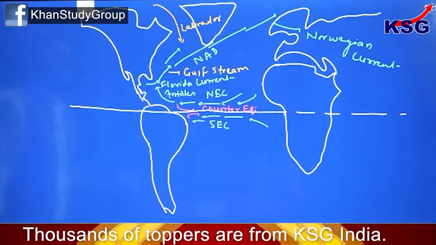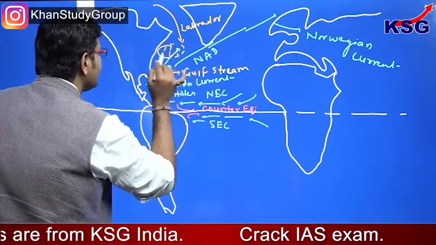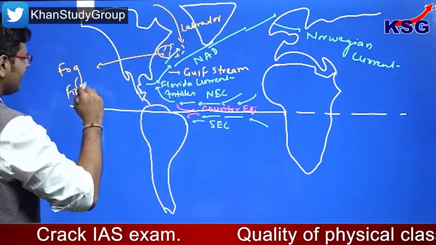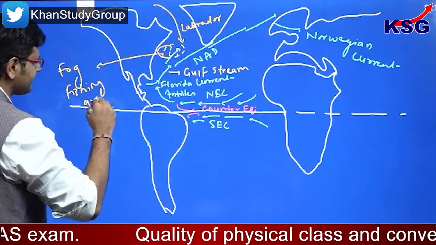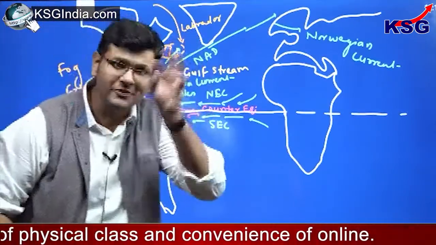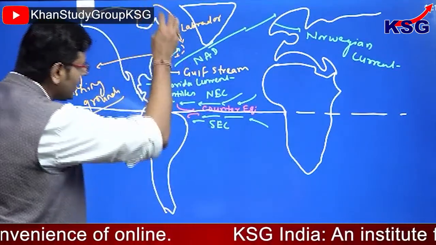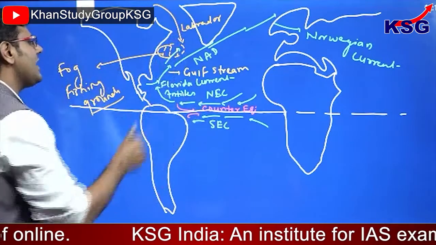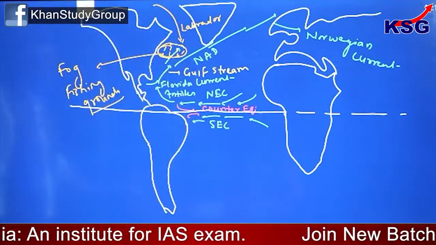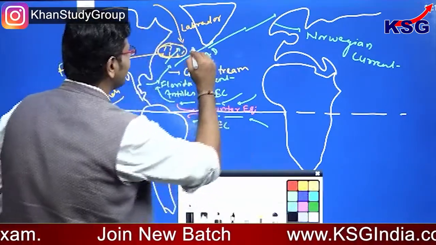In the areas where they meet, there is fog, and these become fishing grounds. Newfoundland particularly is known for fishing. The Labrador cold current meets the Gulf Stream and exquisite weather phenomena happen here.